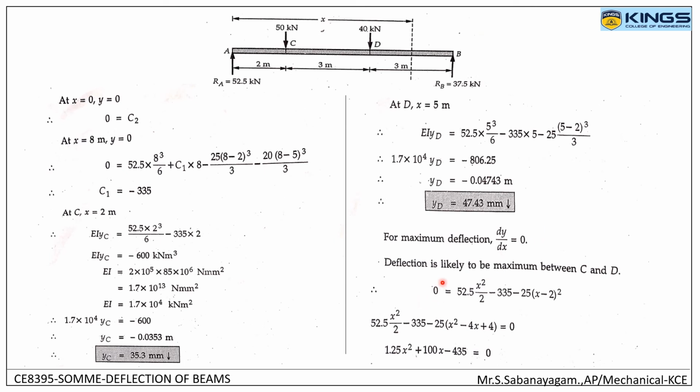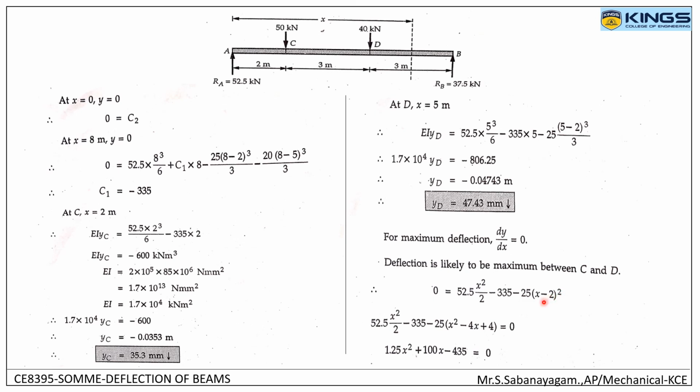Hence on the left hand side, in the slope equation, that is EI dy by dx, the equation in the previous slide, the left hand side will become 0. 52.5 into x square by 2 minus c1 value, minus 335, minus 25 into (x minus 2) whole square.